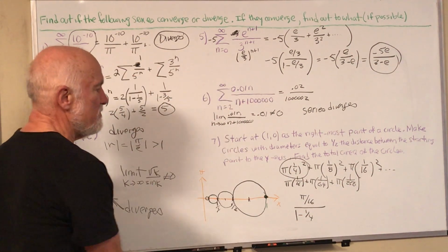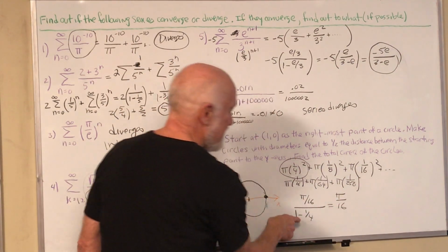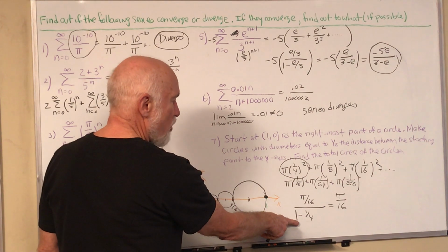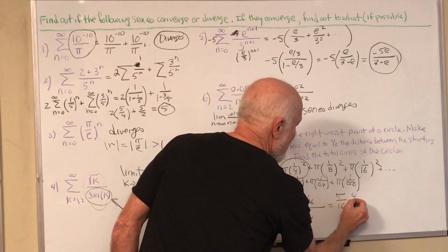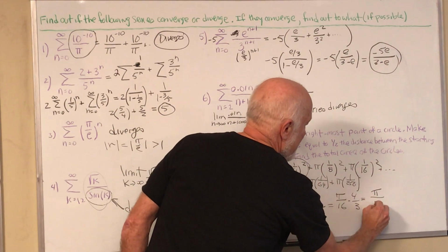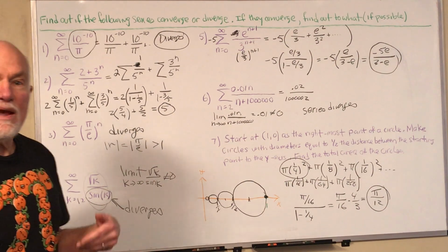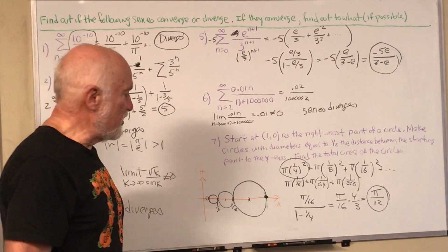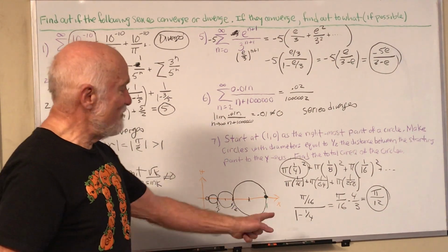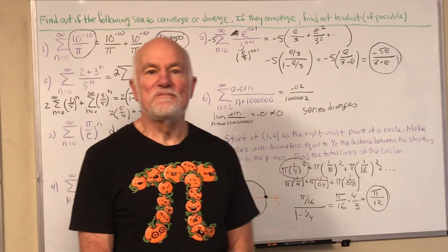So the answer is going to be pi over 16 divided by 3/4, or times 4/3, and you get pi over 12. So even though there's an infinite number of circles, we were able to figure out their total area. And it's not even very big. It's only pi over 12 square units.